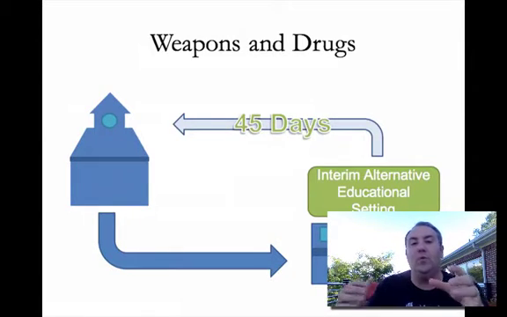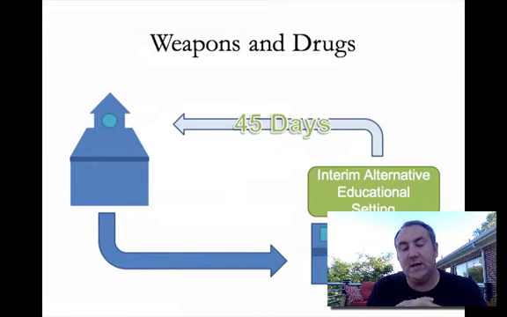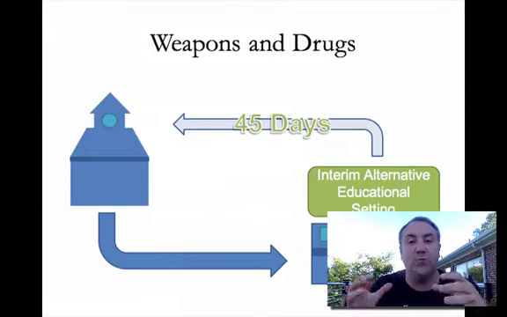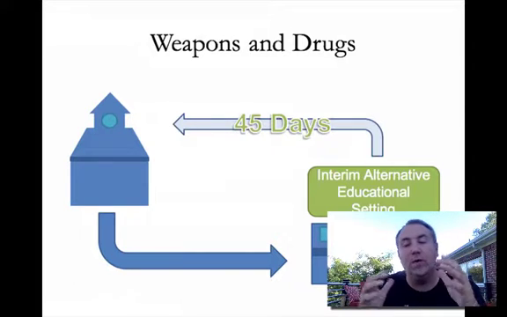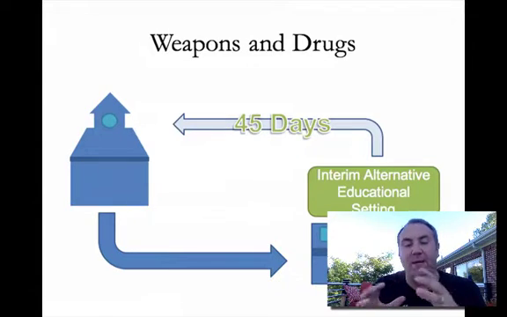It might be homeschooling with services being provided. That is a choice that can be made by school officials. But you can only make that choice for 45 days because, remember, due process is supposed to run its course in 45 days, and we should know what the plan is for that child within the 45 days. But if it's a weapons and drugs issue, you can remove the child from the educational setting for that period.